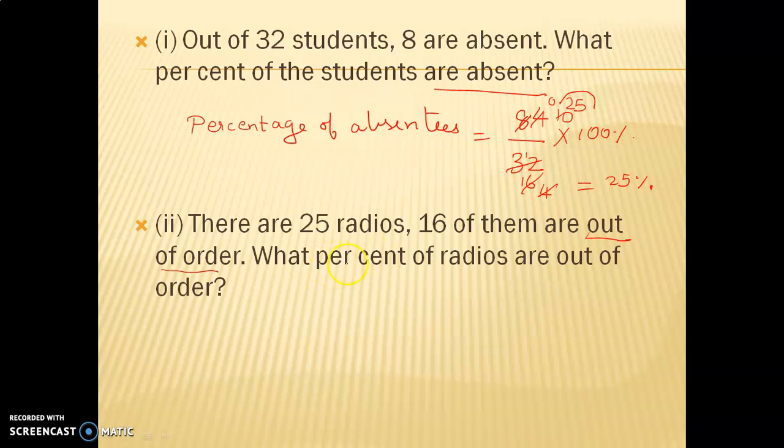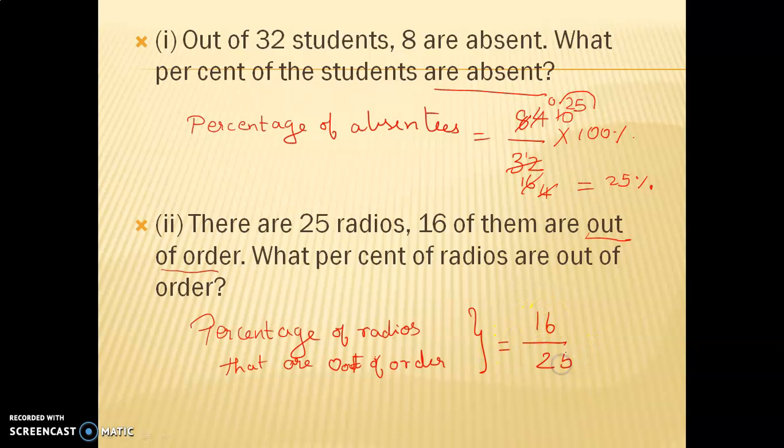There are 25 radios and 16 out of them are out of order. So I have to find the percentage of radios that are out of order. So what fraction? 16 by 25.